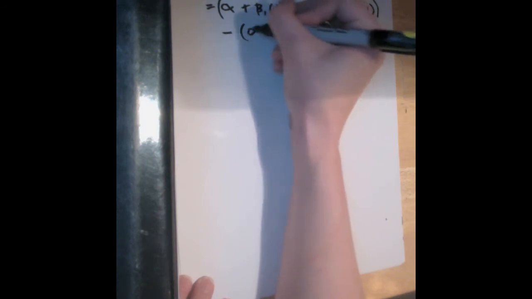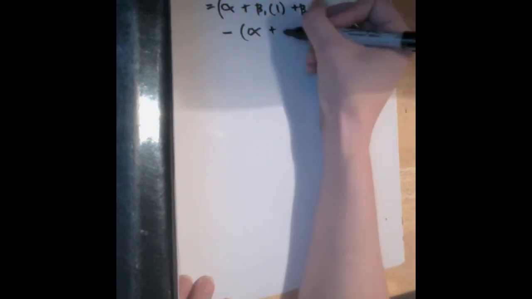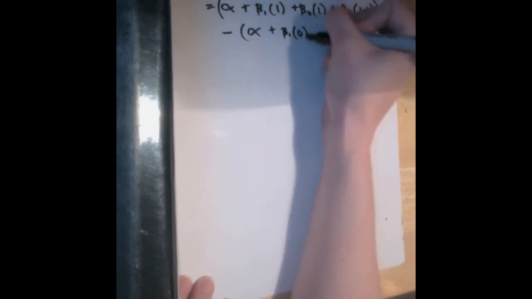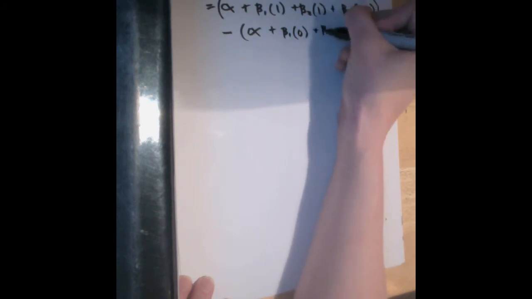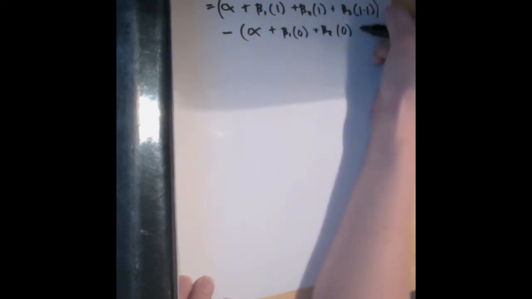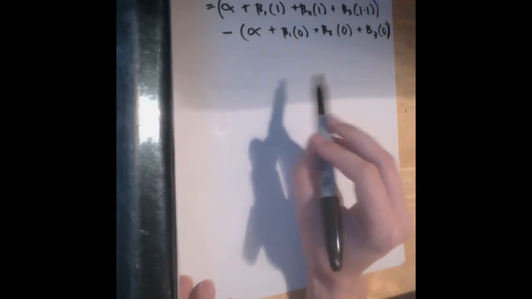This is our high group. Then we're going to subtract off the null again. So we have our alpha, beta 1 times 0 plus beta 2 times 0 plus beta 3 times 0. I need one more parentheses there.